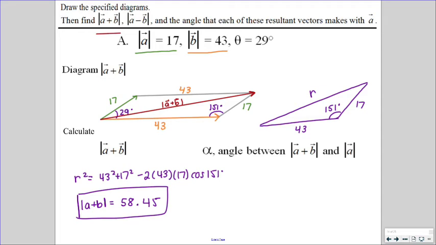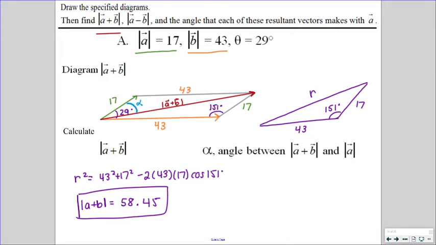Okay, the next thing we're asked to do is to calculate alpha, which is the angle between A plus B and A. So the angle between vector A plus B and vector A. Remember, vector A was 17 in magnitude. So A plus B is that red vector in our diagram above, and vector A is green. So the angle that we're trying to calculate here is alpha.